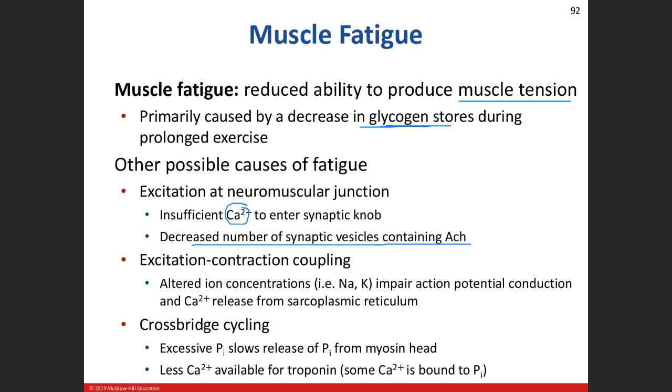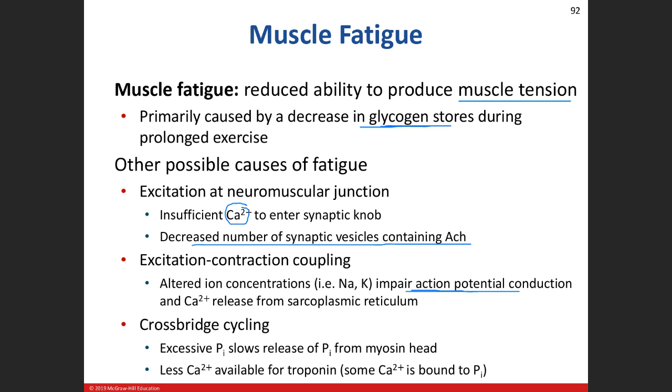That's a problem. Okay? Another cause has to do with our perfect example: dehydration. If you have an issue with dehydration, that means your electrolyte balance is out of whack. Sodium and potassium levels are all skewed. When that happens, it's harder for us to actually cause an action potential to occur.